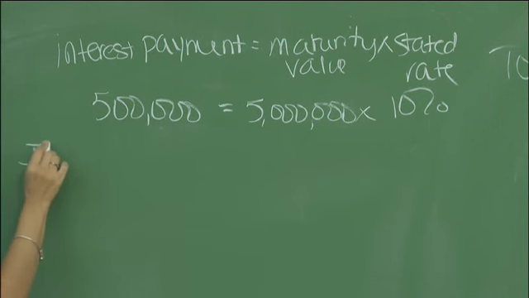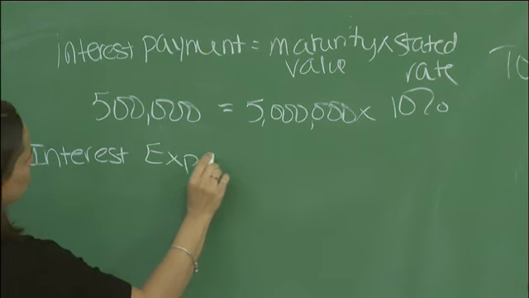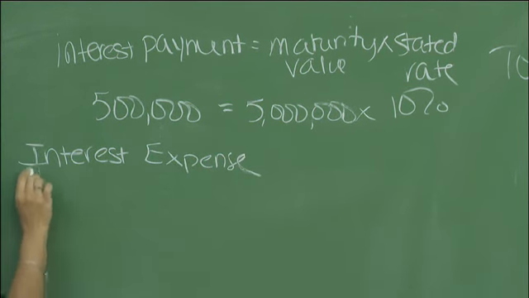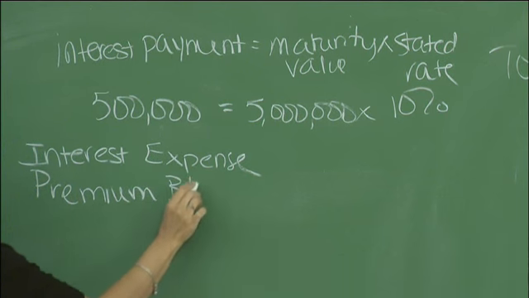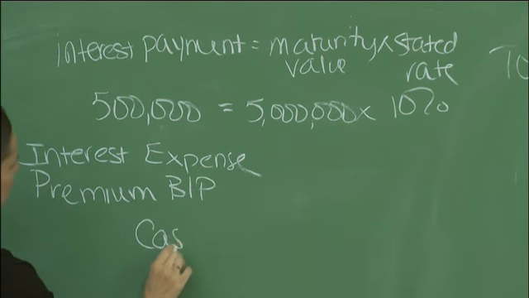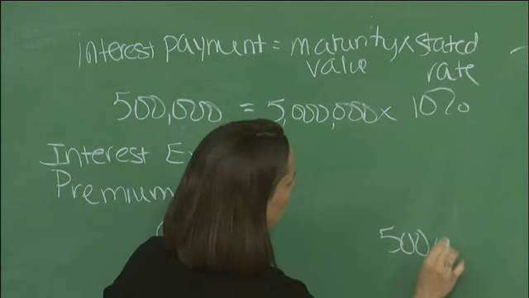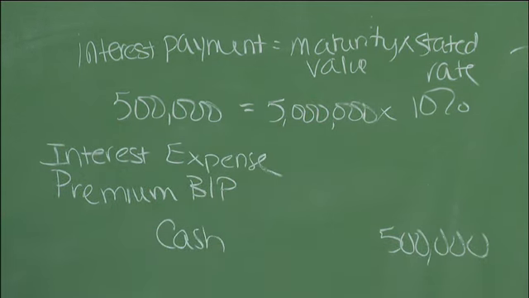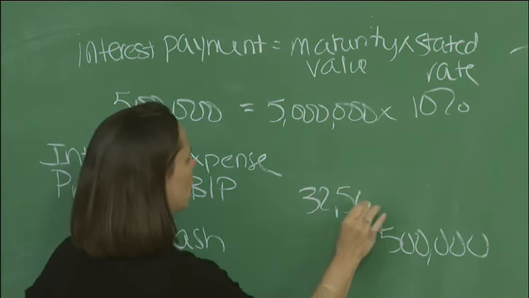Okay, then we look at our entry. We debit interest expense, debit premium on bonds payable, credit cash. Cash is $500,000. The premium amortization we calculated over there, $32,500.